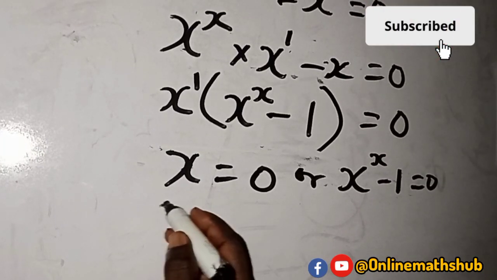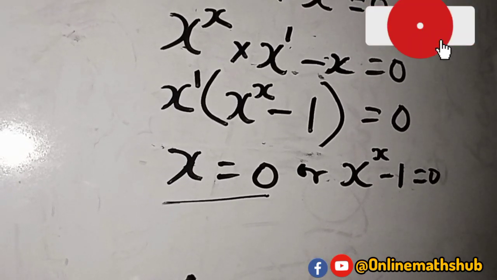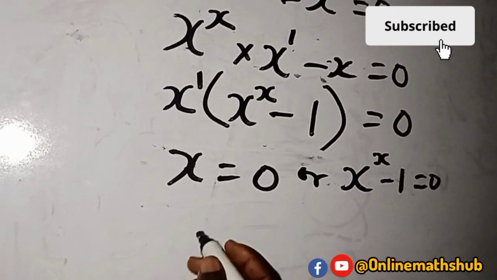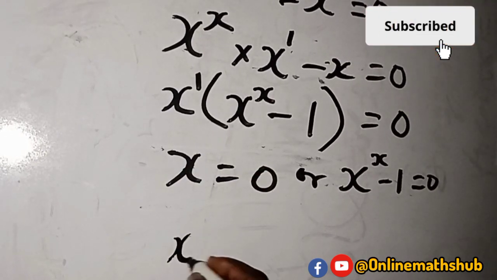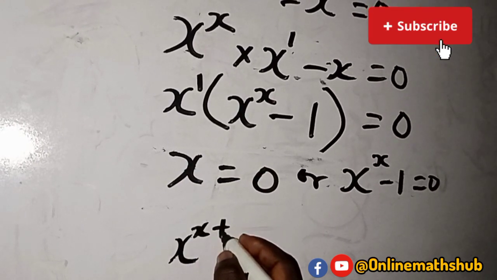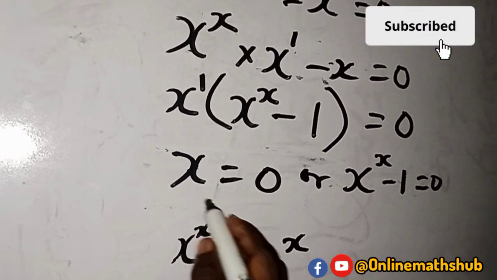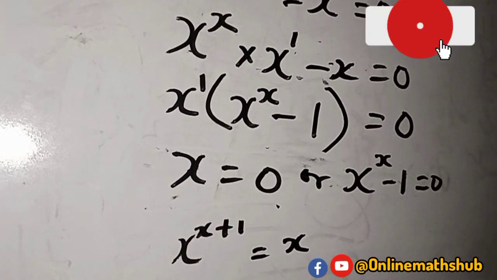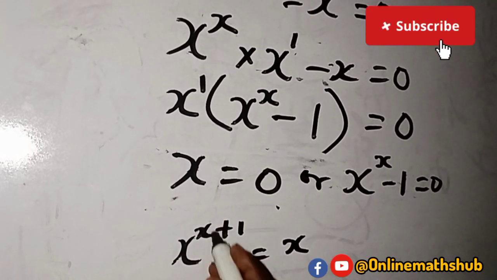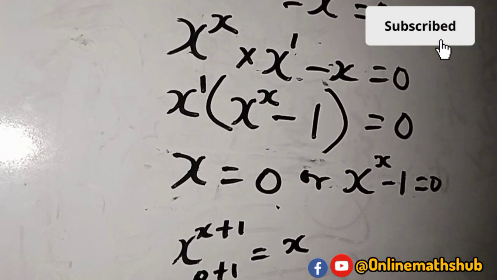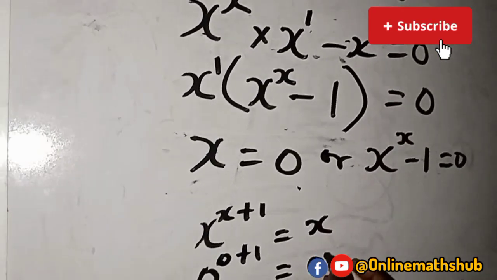Clearly from here you can see that my x is equal to 0, and if I want to check whether this is correct, I can go over to the question right here, x raised to power x plus 1 equal to x. If I substitute x for 0, I put 0 raised to power 0 plus 1, and I'm checking whether it is equal to 0 for x.